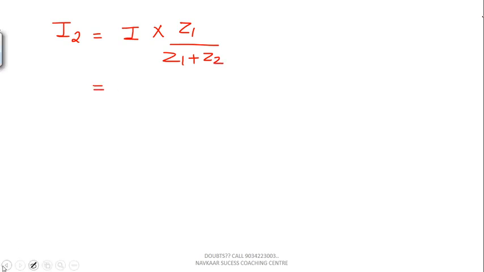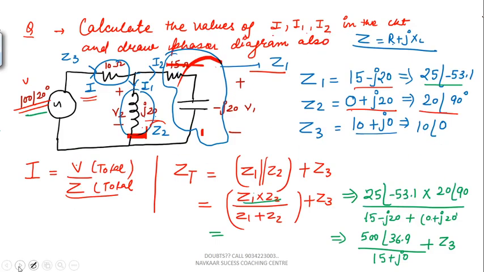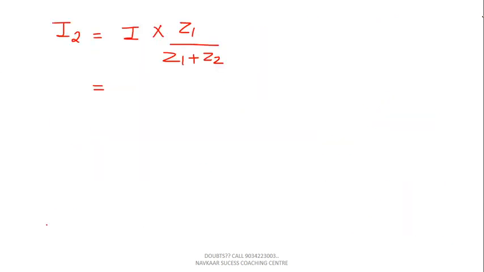Next we need to calculate I2. The I2 formula is the total current multiplied by Z1 divided by Z1 plus Z2. Z1 value is 15 minus J20, that is 25 angle minus 53.1.